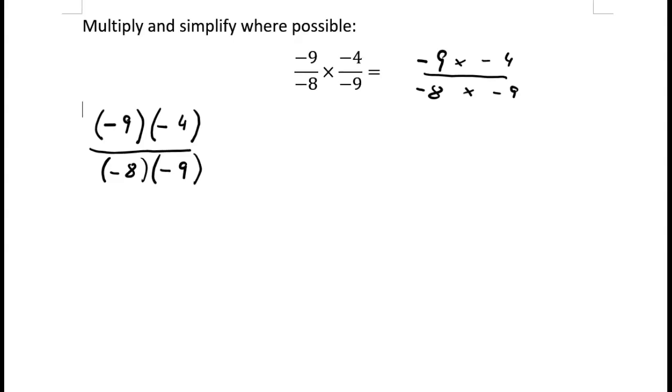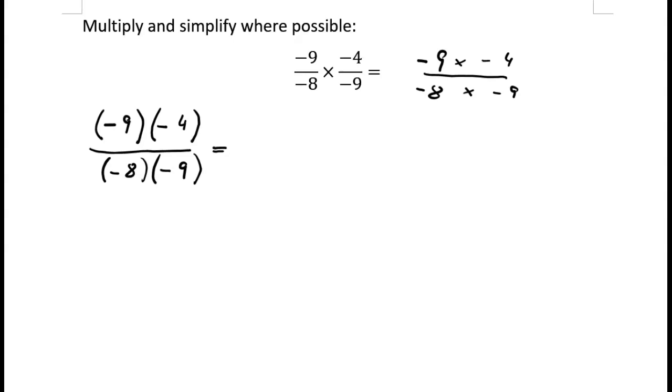Now, of course, we could immediately start cancelling factors, but for the purpose of a more general approach, let's just calculate what we've got and then simplify afterwards.